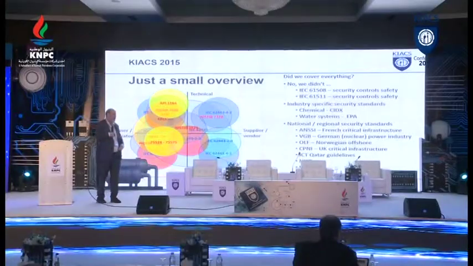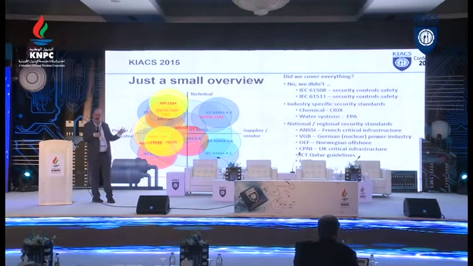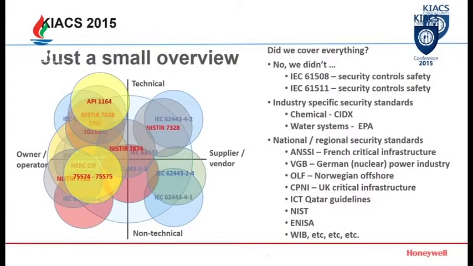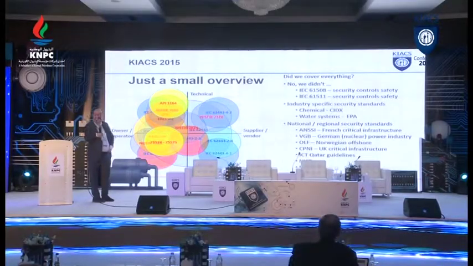They basically have 3 classes, A, B, C, which are more or less matched. The A class matches with security level 2, the B with 3, and the C with 4, and they skipped security level 1. It's a similar system, also a very good standard, very influential if you work in Europe in critical infrastructure, but a similar thought as IEC 62443.